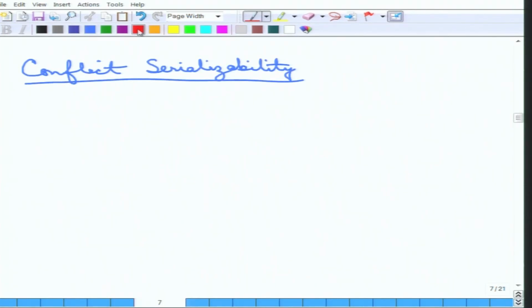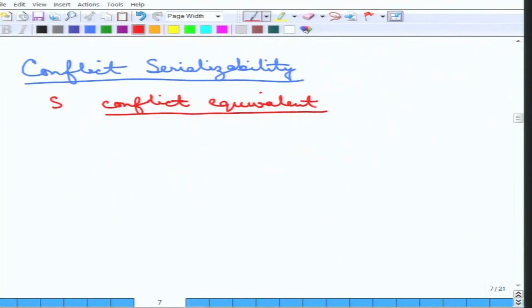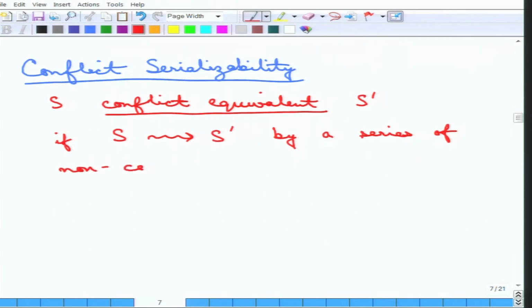So first of all, a schedule S is called conflict equivalent to another schedule S dashed if S can be transformed to S dashed by a series of non-conflicting swaps of instructions.